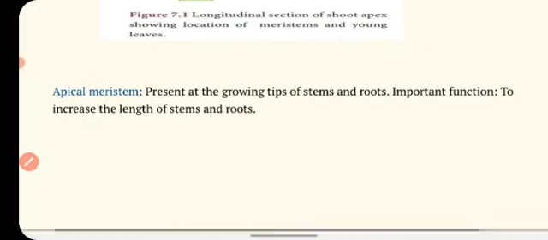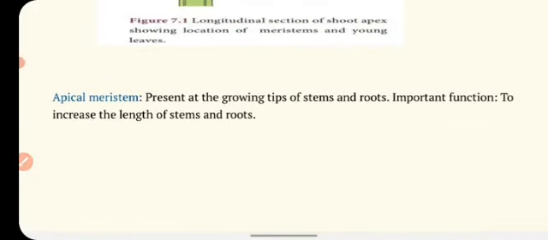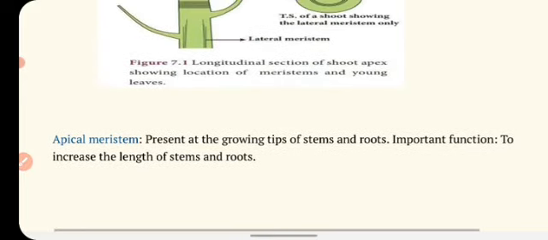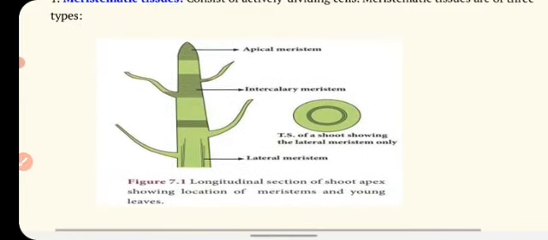Now, apical meristem is present at the growing tip of stems and roots, and the important function is to increase the length of stem and roots.